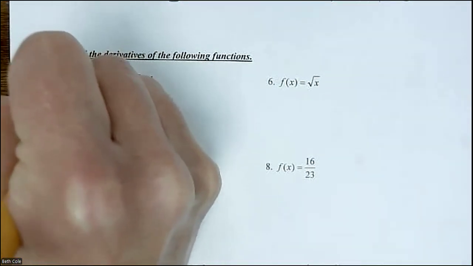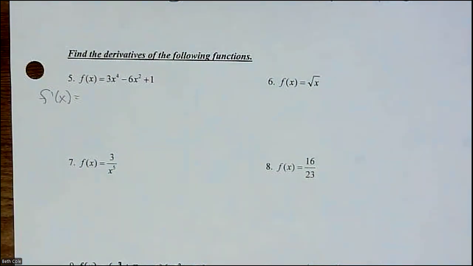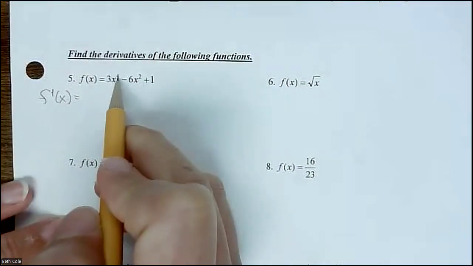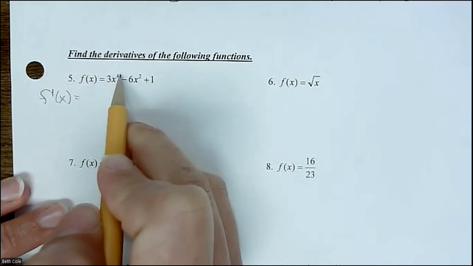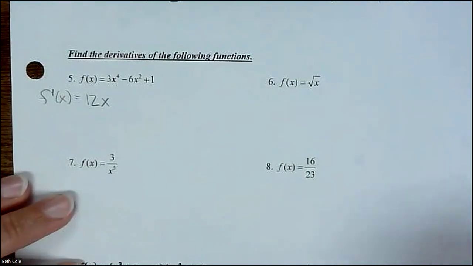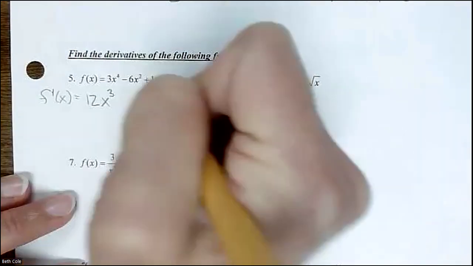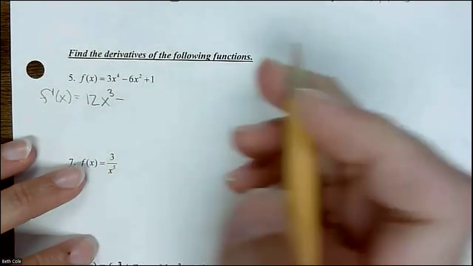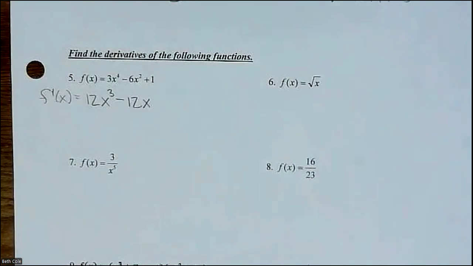So f prime equals, all these are gonna say f prime equals. And what you're gonna do is multiply the power down. So what would that give us? Yeah, 12 x to the what? Third. Good. Minus, and then just do the exact same thing with the next one. 12, and now it would be x to the 1.